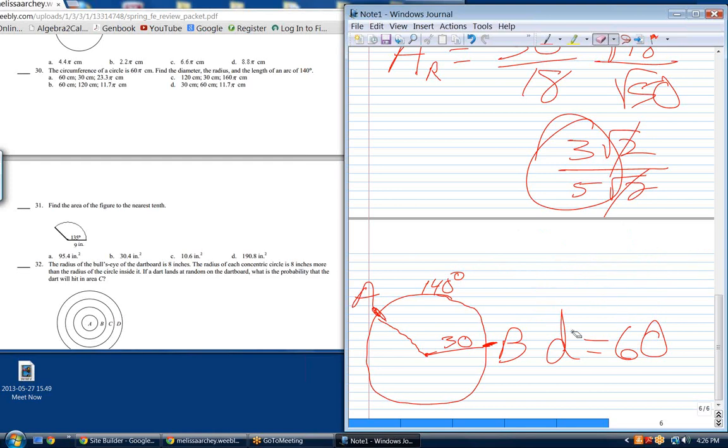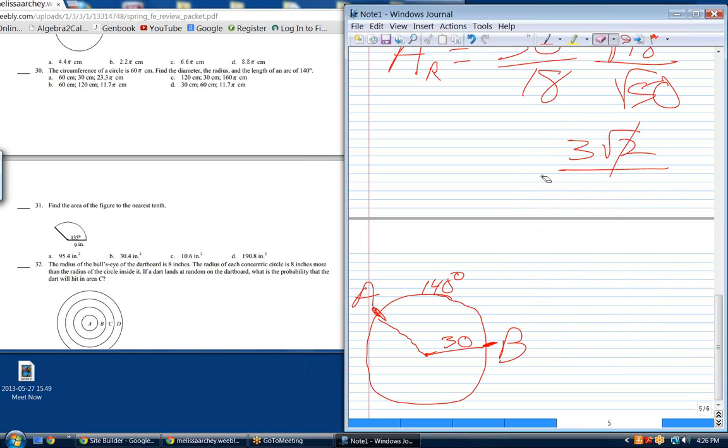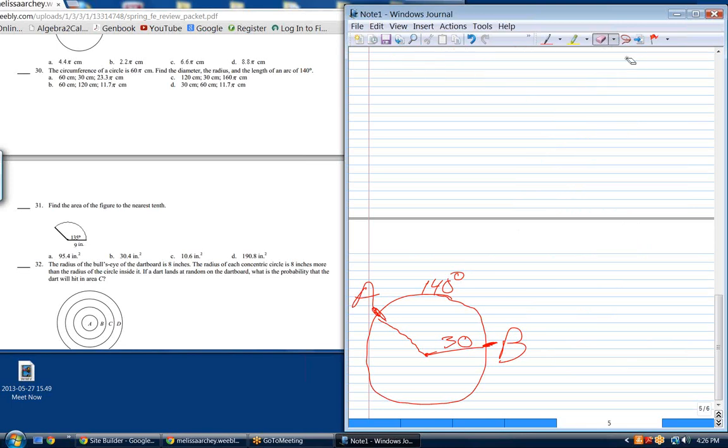Okay. When you are asked about arc length like this, the only thing you know how to do is figure out the circumference of that circle. We have that, in fact. The circumference was given to us. It's 60 pi. What part of the circumference is that arc?